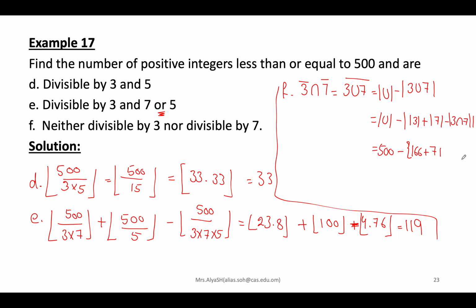So here we got 500 minus 214, and this is equal to 286. So I have 286 integers less than or equal to 500 that are not divisible by 3 nor by 7.